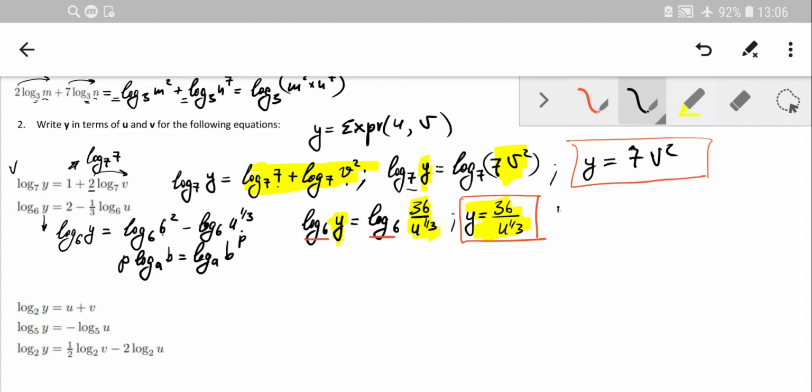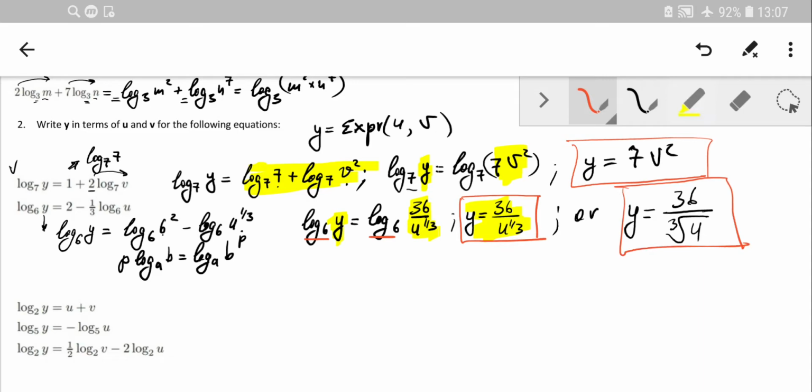Or you can rewrite it in surd notation: 36 over the cubic root of u. Here I used the property for surds and the property for indices. Make sure you remember that.